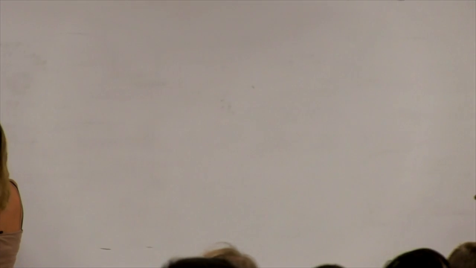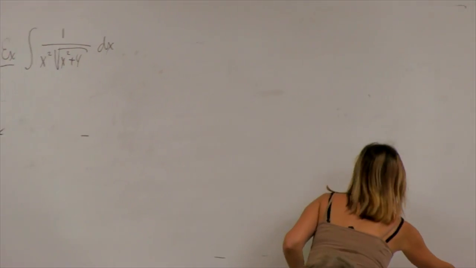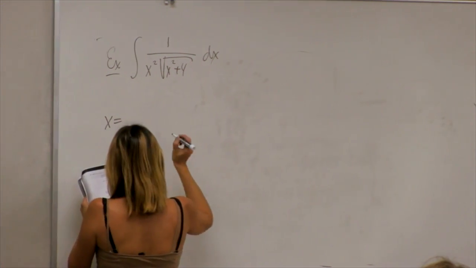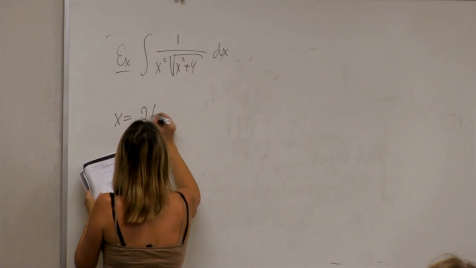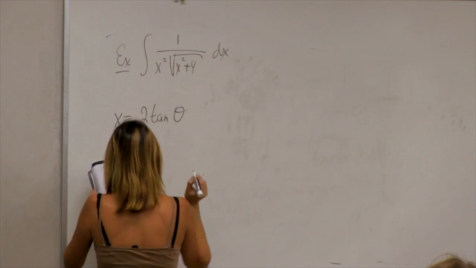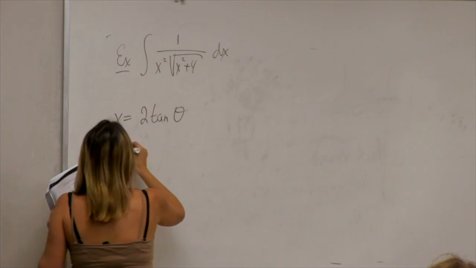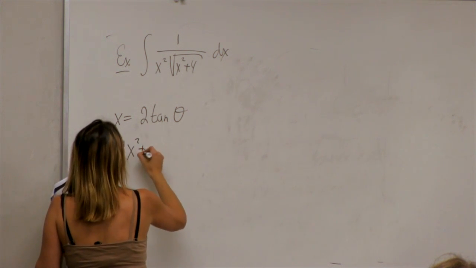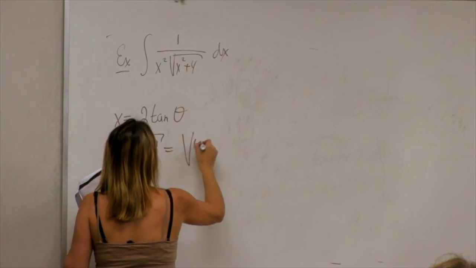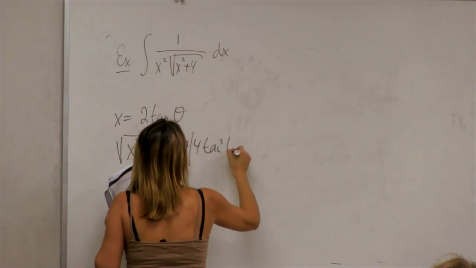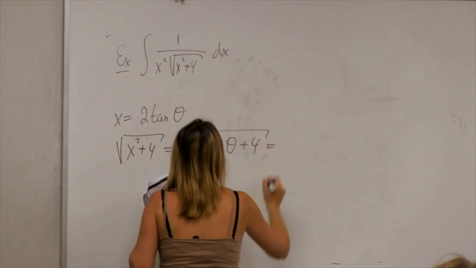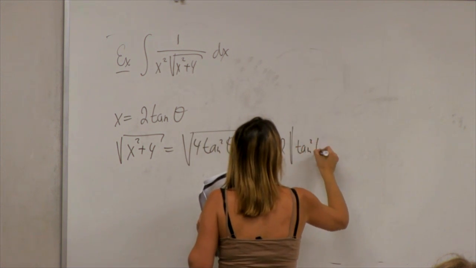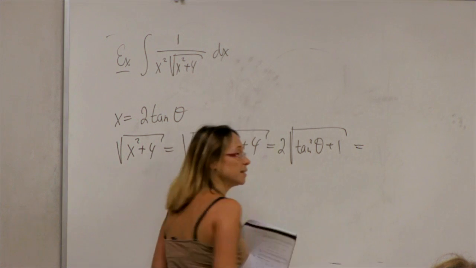So I'm going to set x equals 2 tangent theta, and see what this gives me. The first step is to substitute it under the square root to see if it helps me. So I have 4 tangent squared theta plus 4. So 4 comes out to give me 2, and I have tangent squared theta plus 1. So that's the identity.